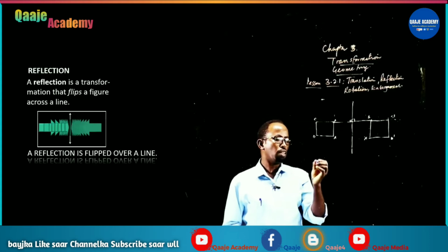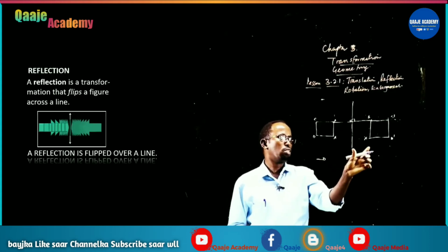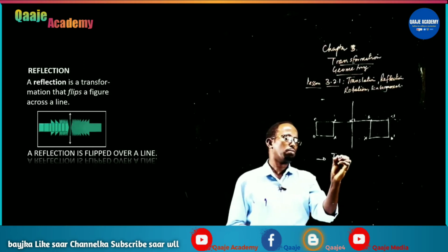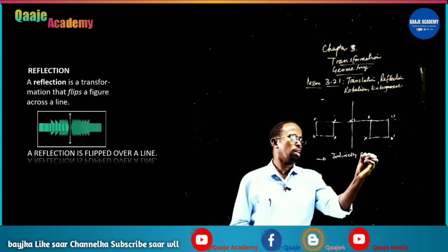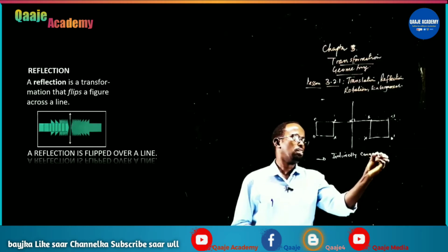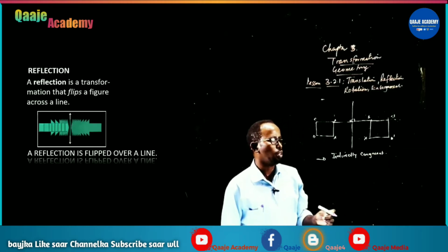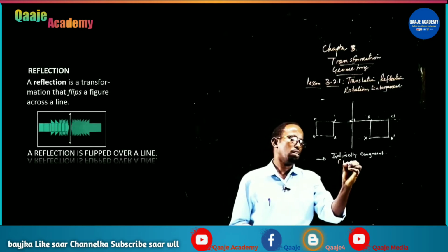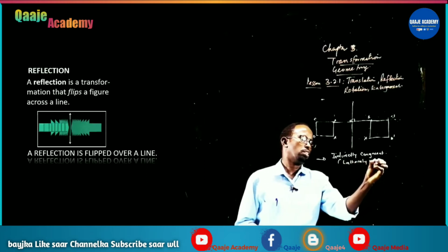Another property of reflection is, like we said translation is directly congruent, this one becomes indirectly congruent. Indirectly congruent means that if you raise up your right hand, then the image will raise, for example, the left hand. We call that laterally inverted.